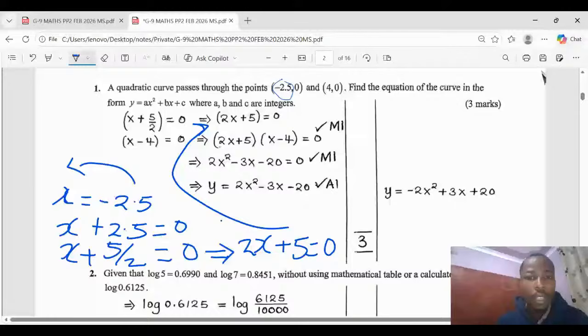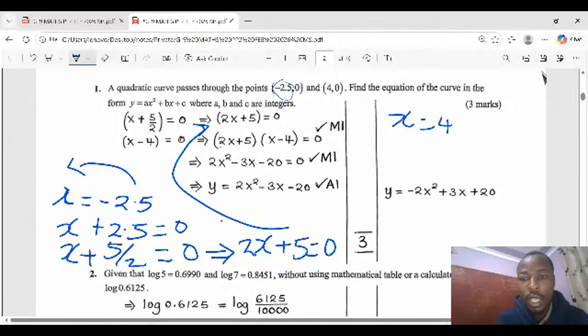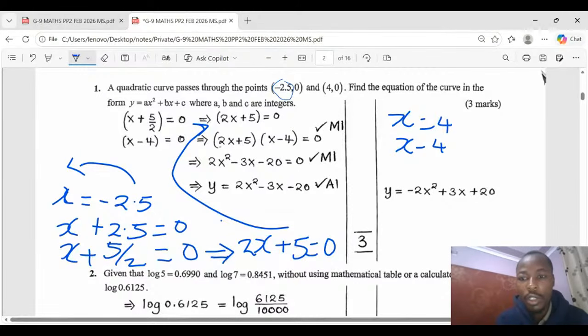Then for (4, 0), x = 4, which means x minus 4 = 0. So you now have (x - 4) and (2x + 5).